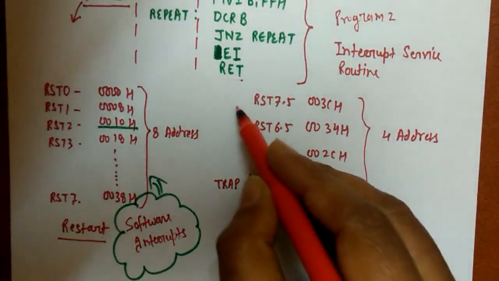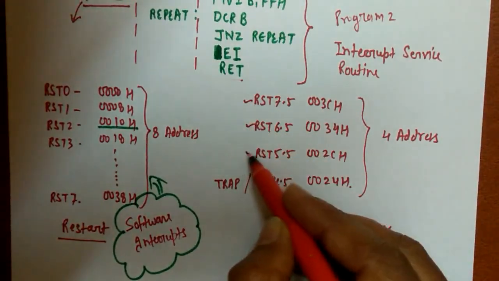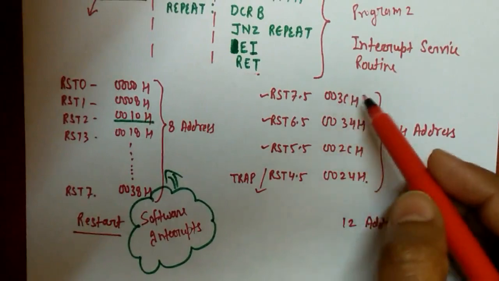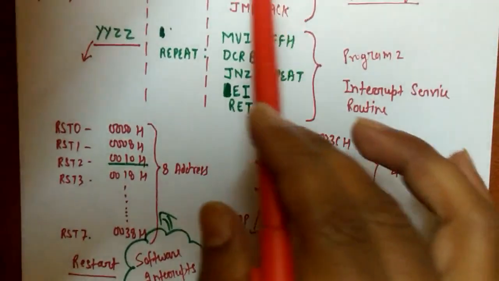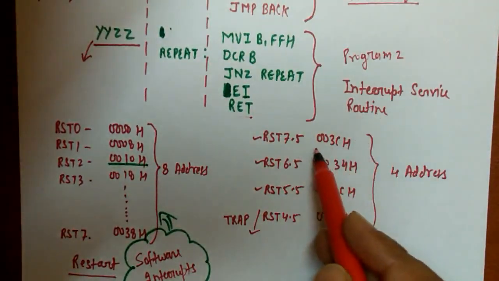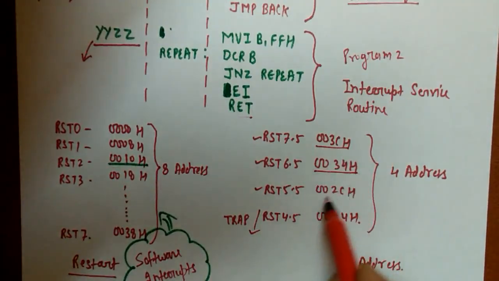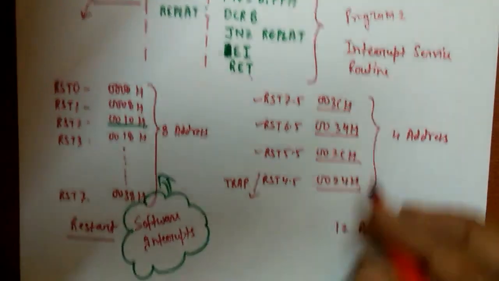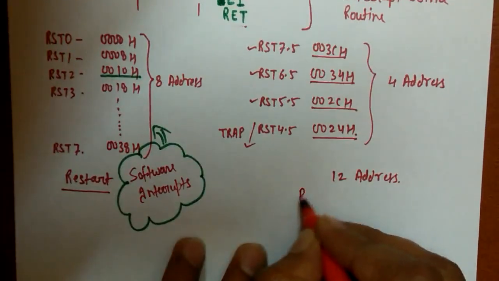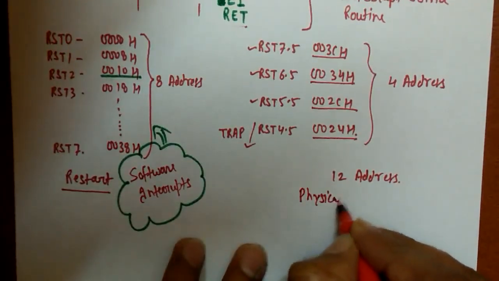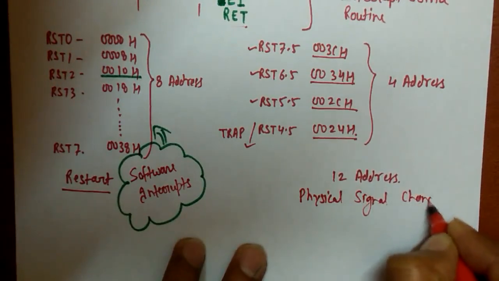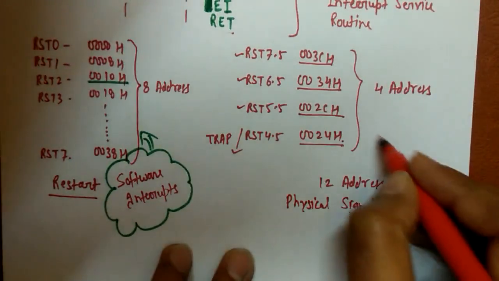Now for this side, remember what I said, these are the pins of microprocessor 8085. That means if you want your microprocessor to jump to these addresses 003C, 0034, 002C and 0024, then you may achieve this only by some physical signal changes. Physical signal changes means, as you can see, these are the pins of the microprocessor.